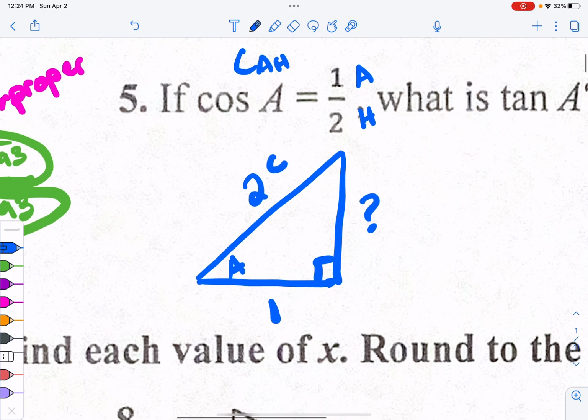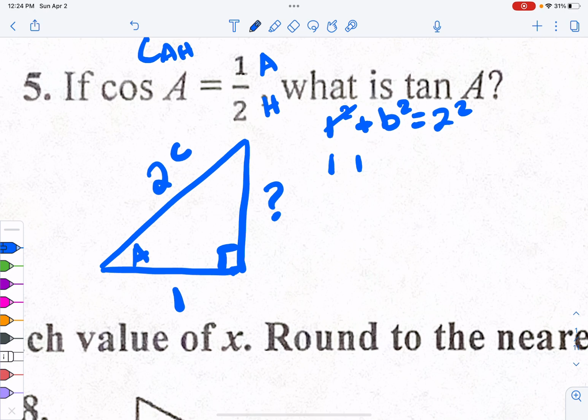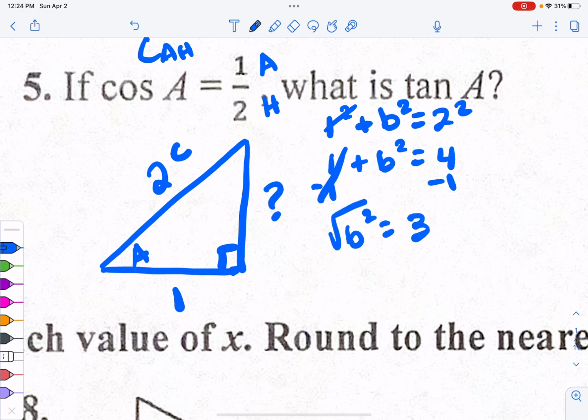So let's do our Pythagorean theorem. This is side C. So we've got 1 squared plus, we'll call it B, B squared equals 2 squared. This is 1 plus B squared equals 4. If I subtract 1, B squared equals 3, and then I take the square root, and the square root of 3 does not come out nicely, so we're just going to leave it as the square root of 3 and put it in that spot, okay?